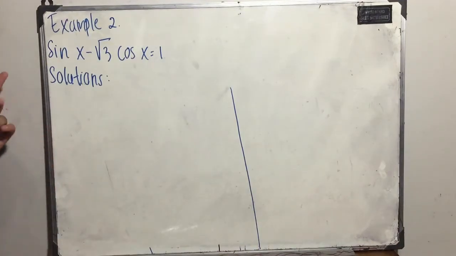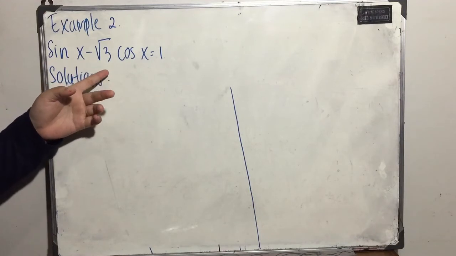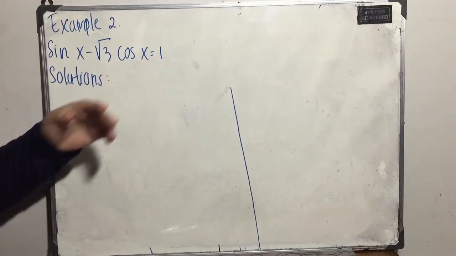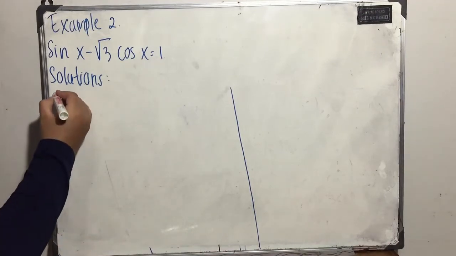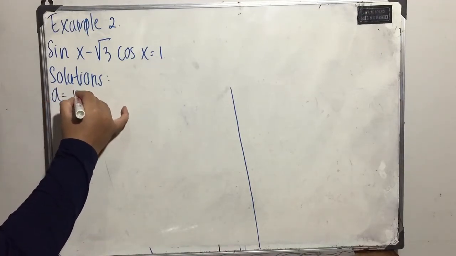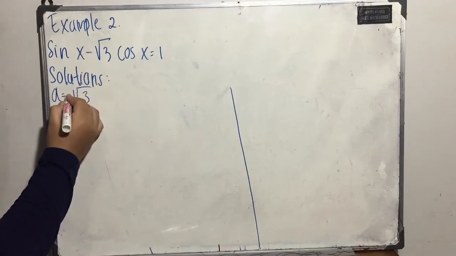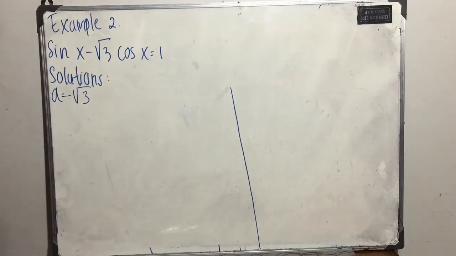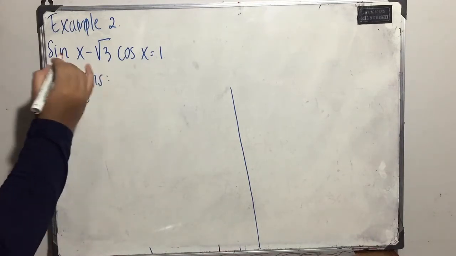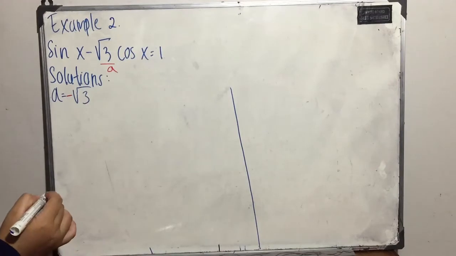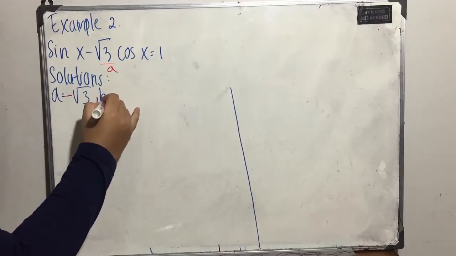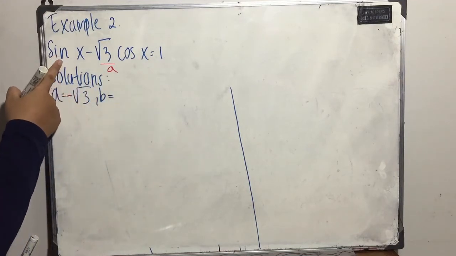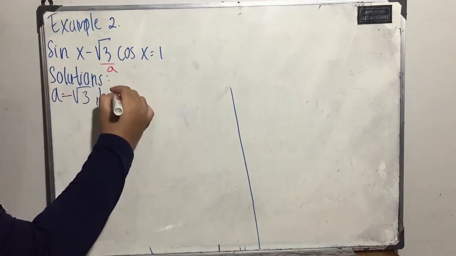Another example, we have sine x minus square root of 3 cosine x equal 1. From here we will get the a is equal minus square root of 3, because they have minus, so we can put the minus in here. And then okay, you can remember a is the position in the front of the cosine x, everyone. Now we can get the b is the position in the front of the sine. In the front of the sine is 1, everyone.